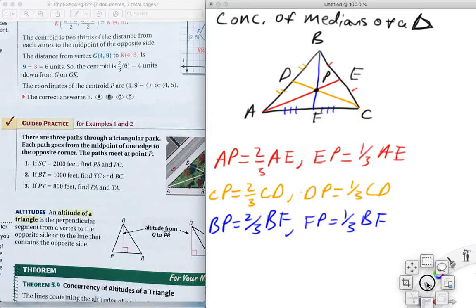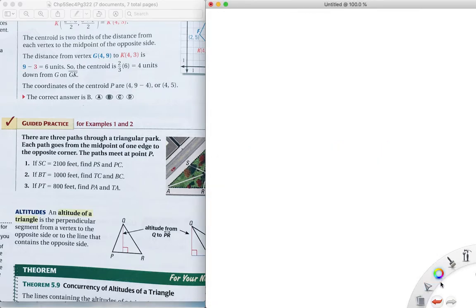So in this case here, they give me that SC is equal to 2100. They give me that BT is equal to 1000. And they give me that PT is equal to 800.